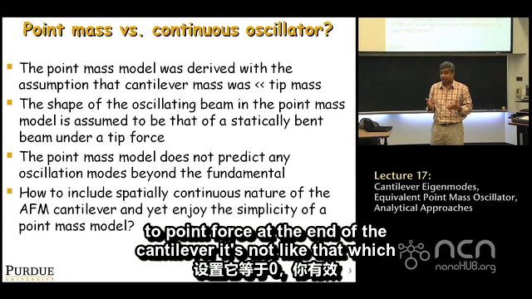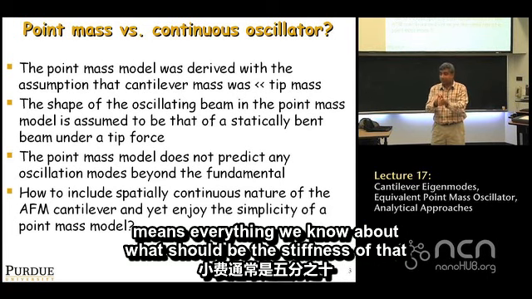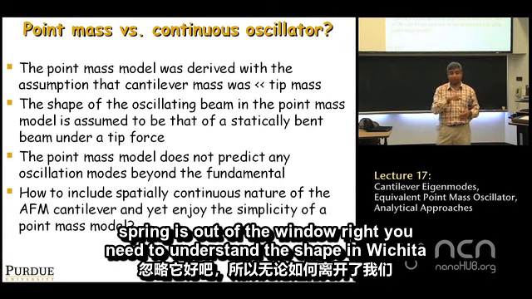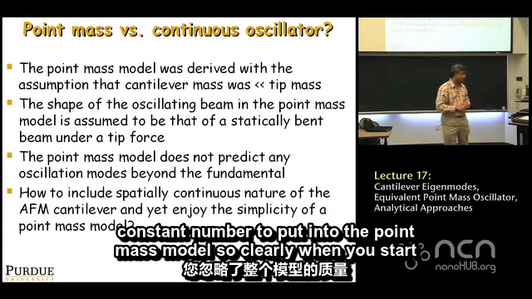It's not like that, which means everything we know about what should be the stiffness of that spring is out of the window, right? You need to understand the shape in which it oscillates to really know what spring constant number to put into the point mass model.